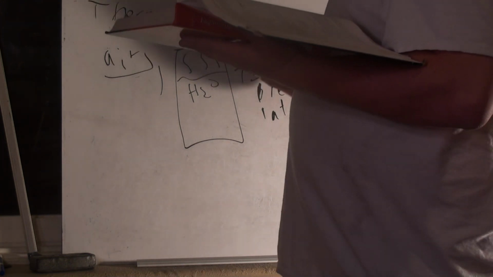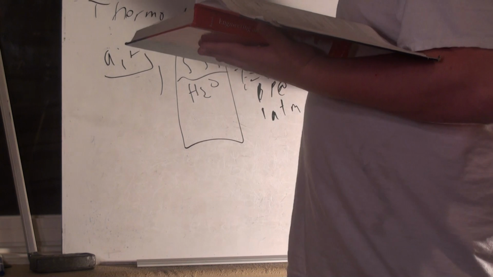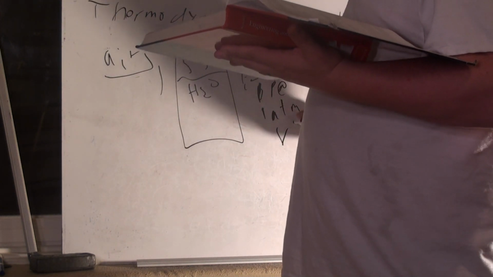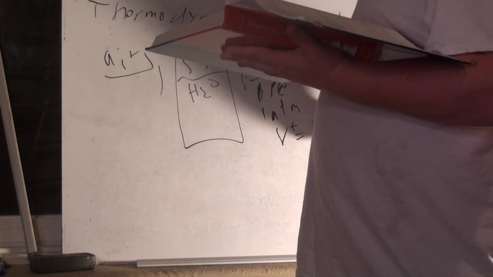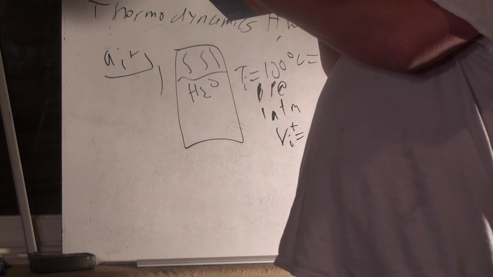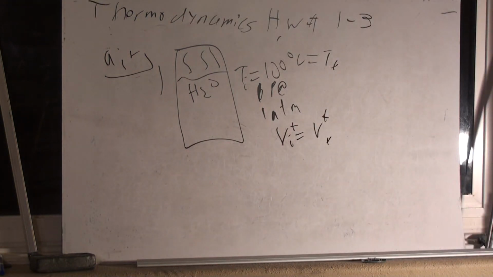So T initial is equal to T final, and V total is the same initial and final. It says, what happens? Well, let's think about what happens.